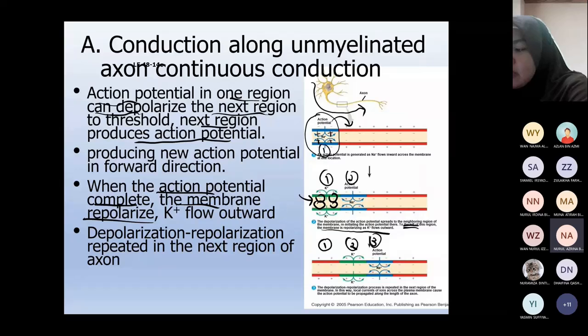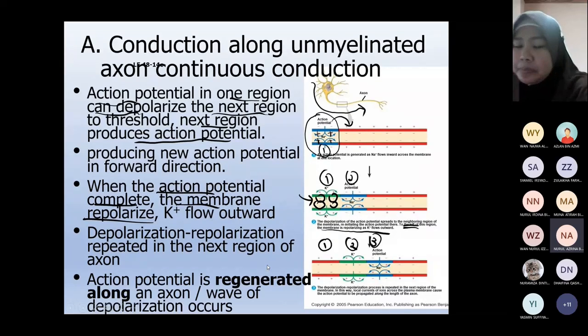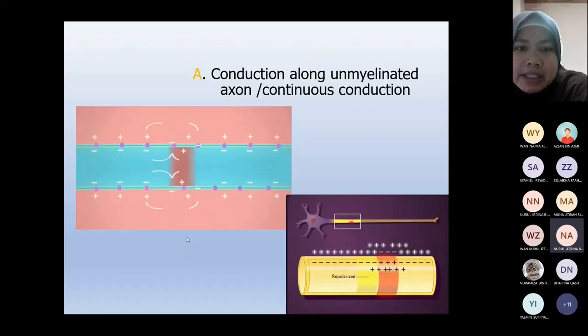And you can see local current of ion across the membrane causes the action potential to be propagated along the axon. Alright, so to ease your understanding and imagination, action potential is regenerated along the axon, and we call it a wave of depolarization. Now look at what happens on the left side of the picture.